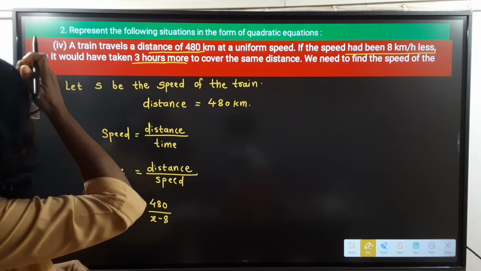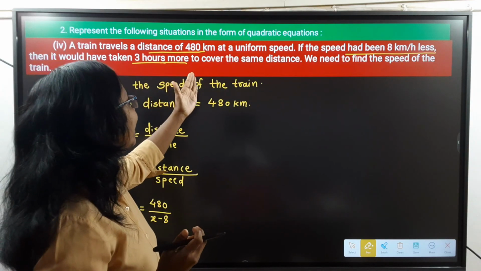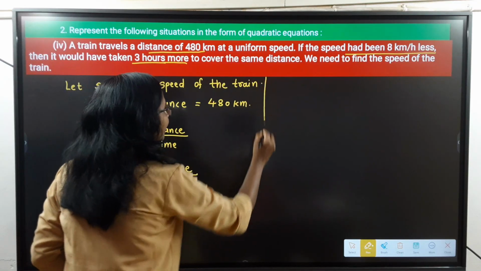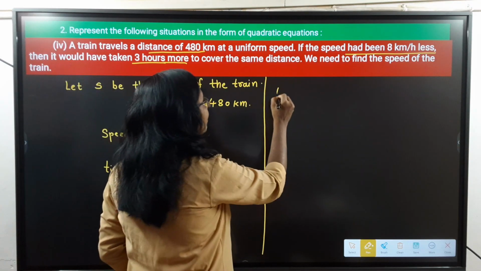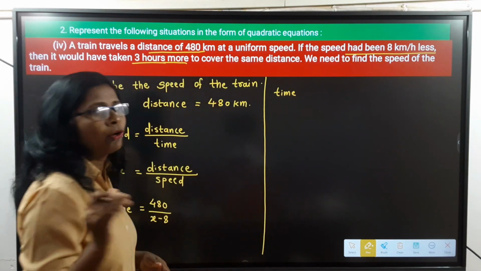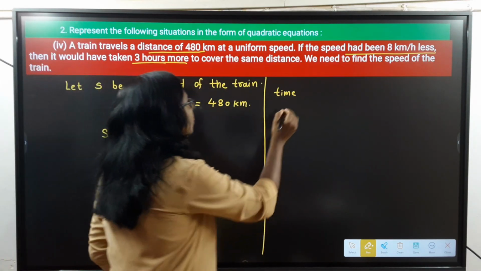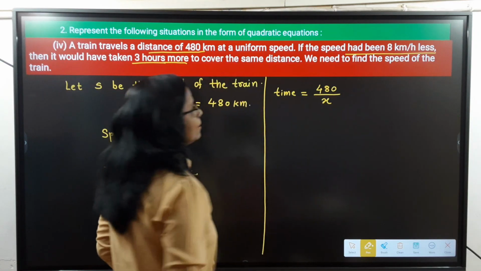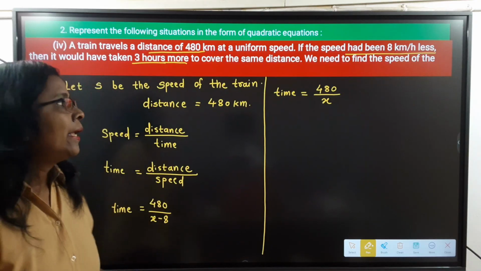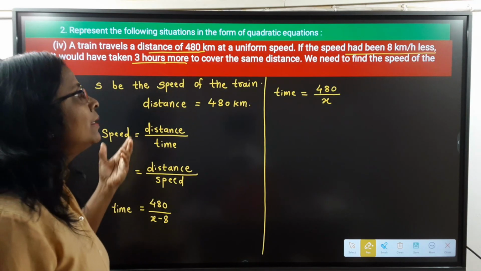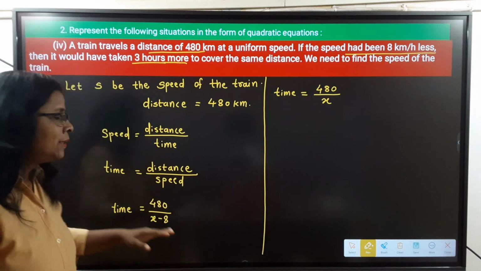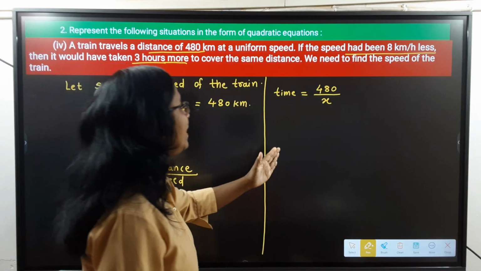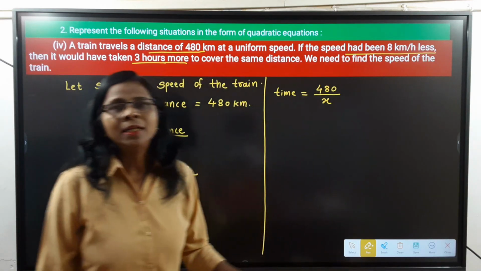A train travels a distance of 480 at a uniform speed, and that's why time is equal to distance upon speed. Distance is the same, and the uniform speed is x. So in this case, if the speed had been 8 km per hour less, then time will be 480 upon x minus 8, and for the uniform speed the time would be 480 upon x.